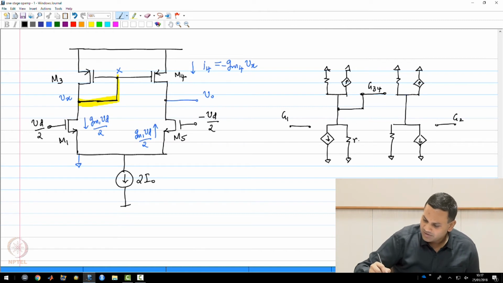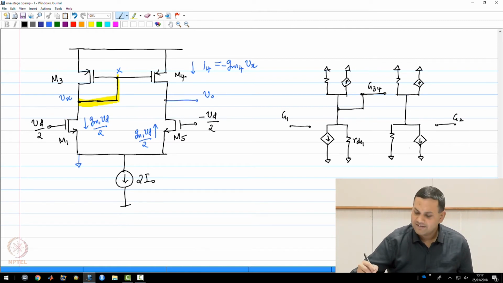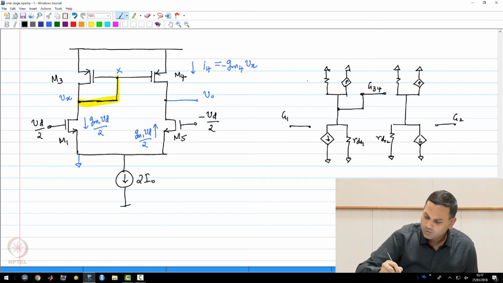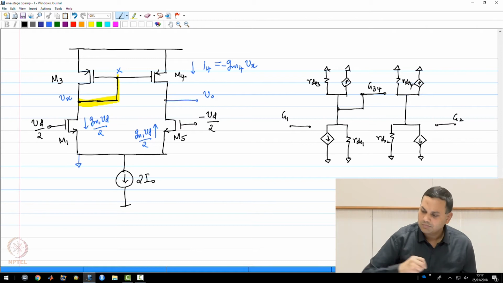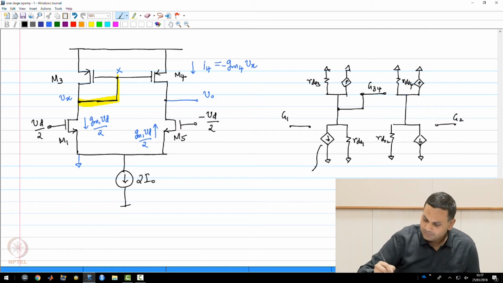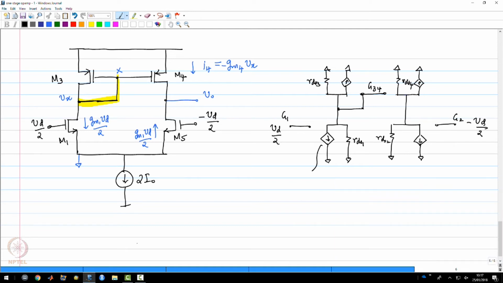And now these are the output resistances: RDS1, RDS2, RDS3 and RDS4. The transistor M1 has a small signal current which is GM1 VD by 2 flowing downwards. This transistor has a current minus GM1 VD by 2 flowing downwards.